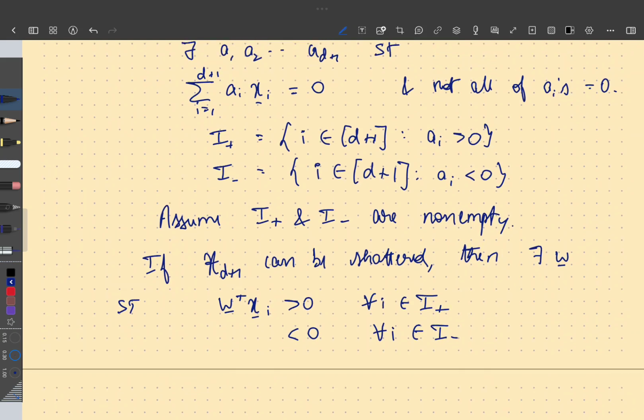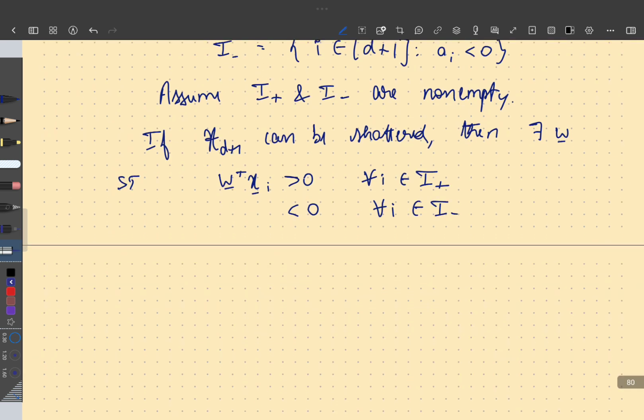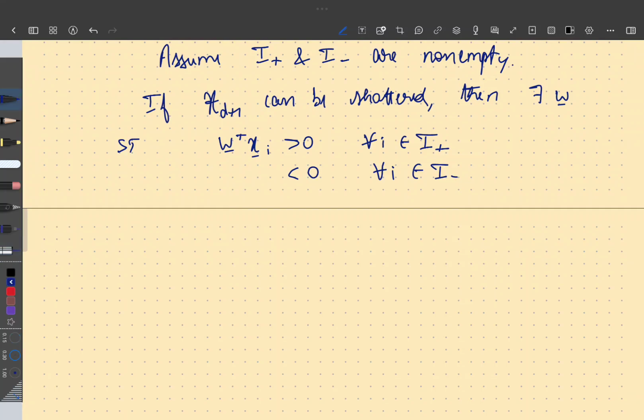Now, if we look at this equation that I had above, summation ai xi equal to 0, I can write it in the following form.